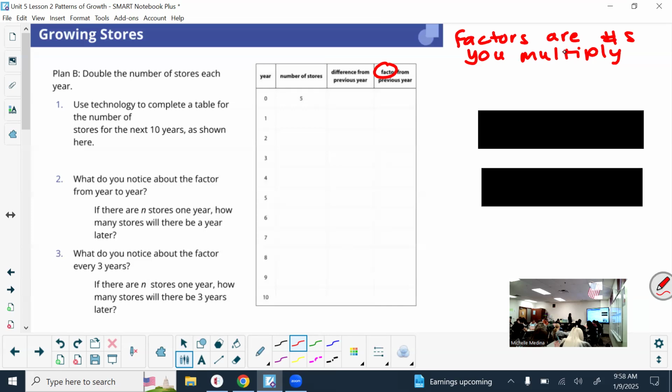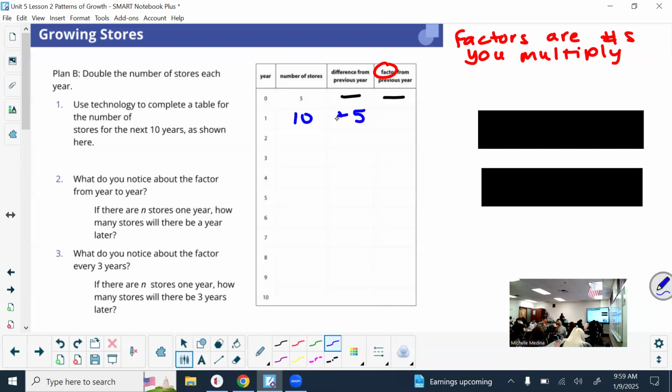When you're filling this out, you won't have a factor for the first row because there's no previous year. If they're doubling each time and I start with 5, how many will I have in year 1? 10. What's the difference from the previous year?